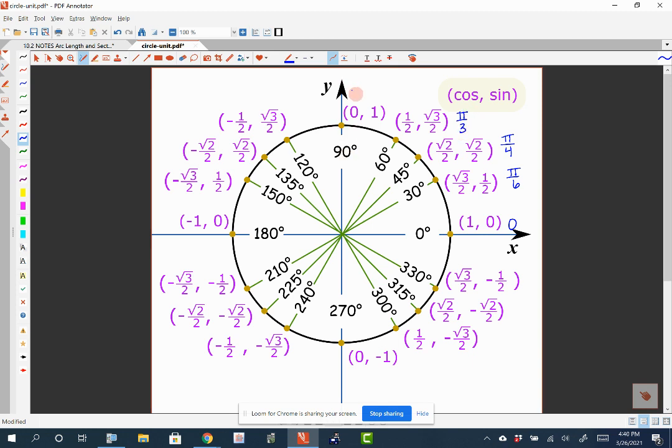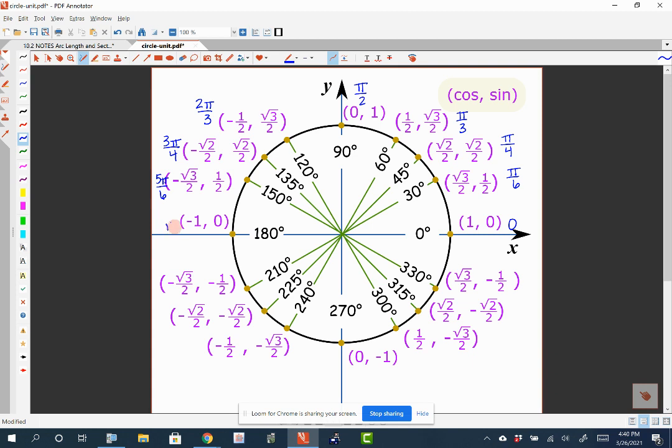At 90 degrees, pi over 2. At 120 degrees, 2 pi over 3. At 135, 3 pi over 4. At 150 is 5 pi over 6.